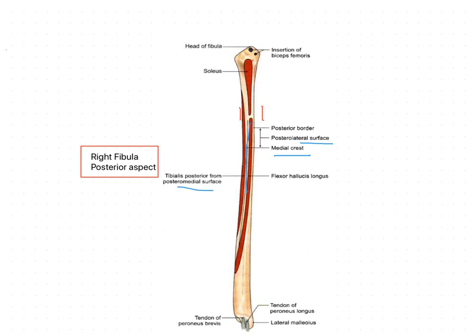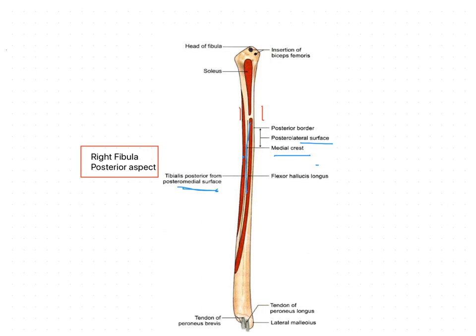Now which muscles originate from these surfaces? The posteromedial surface, which lies between the medial crest and the interosseous border, gives origin to the tibialis posterior.